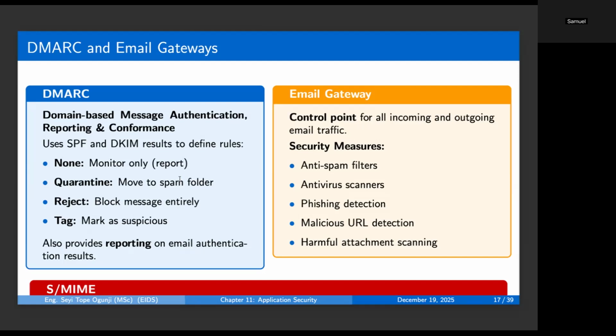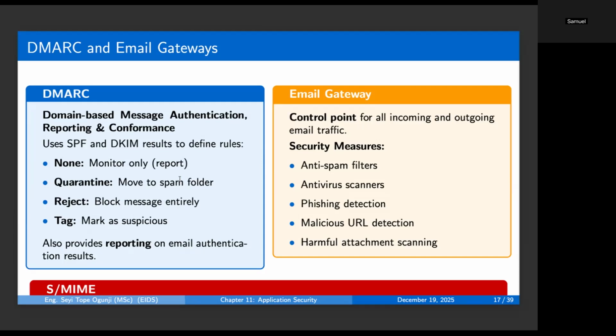At another level of escalation, DMARC can tell the receiver to quarantine. That's why you see some emails go to your spam folder. Quarantine means put suspicious emails in the spam folder.